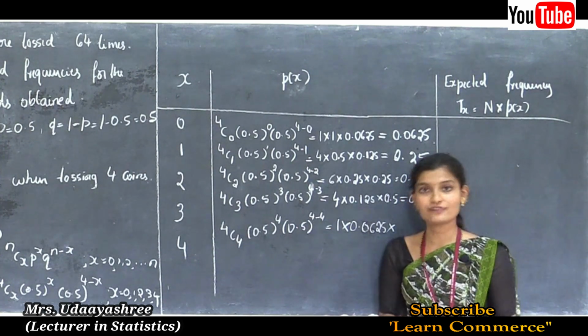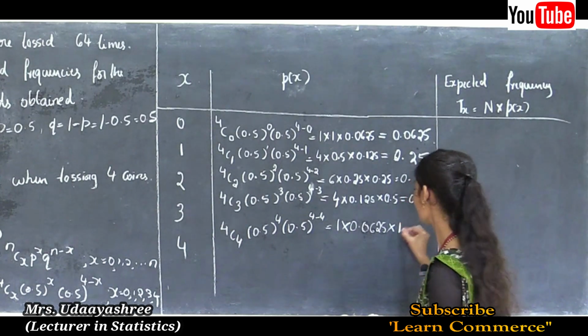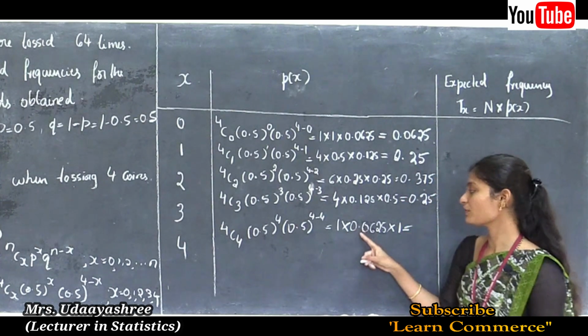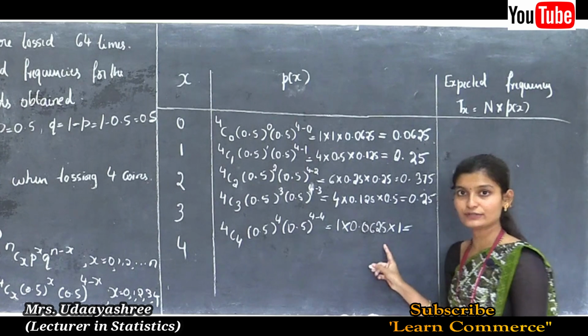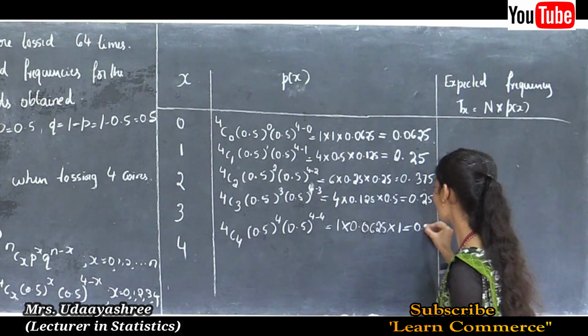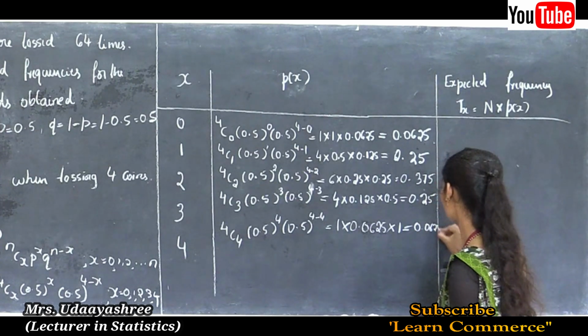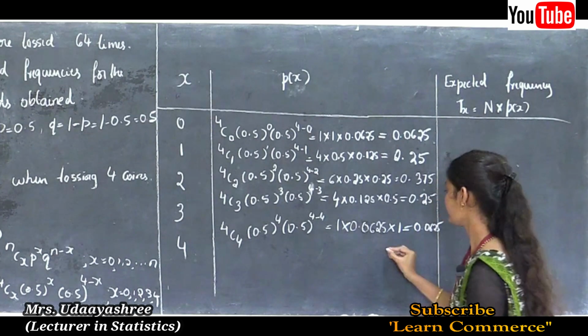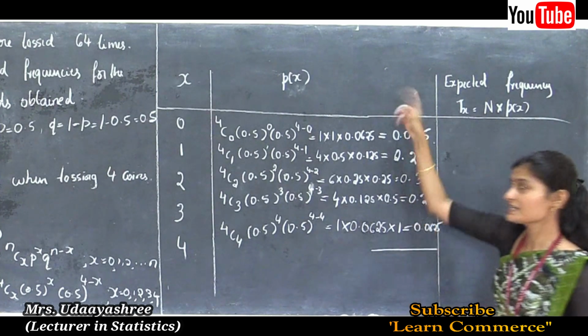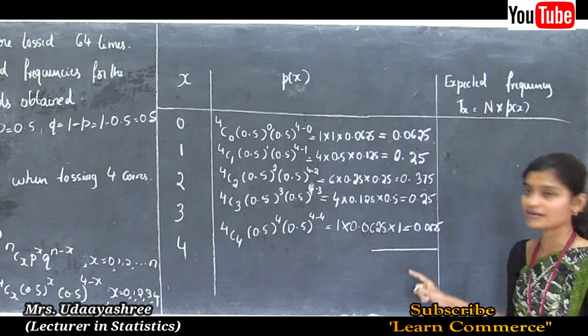So 0.5 to the power 0 is 1. This is equal to 1 into 0.0625 into 1 is 0.0625.